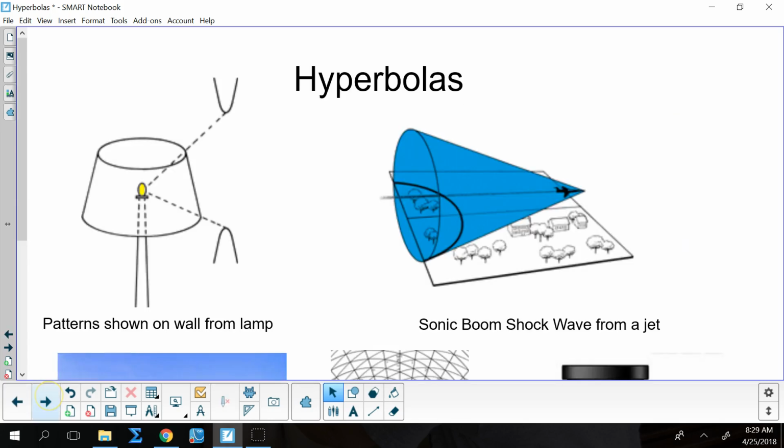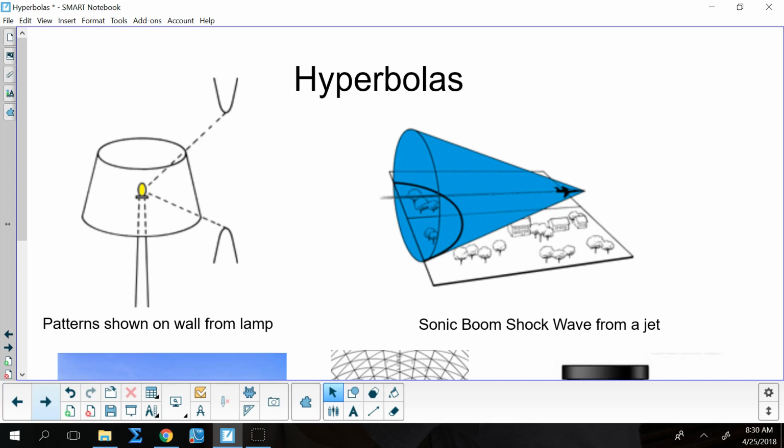Some examples of hyperbolas. My favorite one is the lamp. If you got a lamp with one of those fancy lampshade thingies on it, and the room is totally dark, and you turn that lamp on, you will see the top of the hyperbola above, and you'll see the bottom of the hyperbola below on the wall. It's pretty sweet.